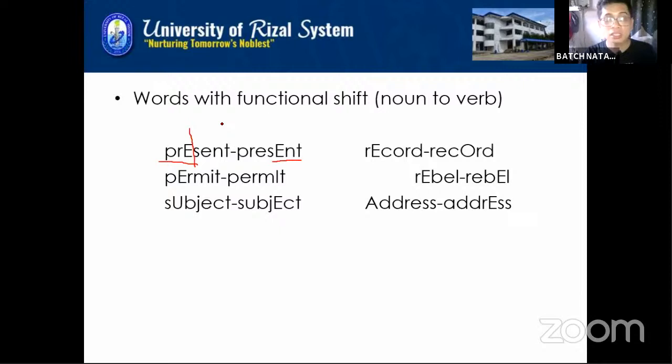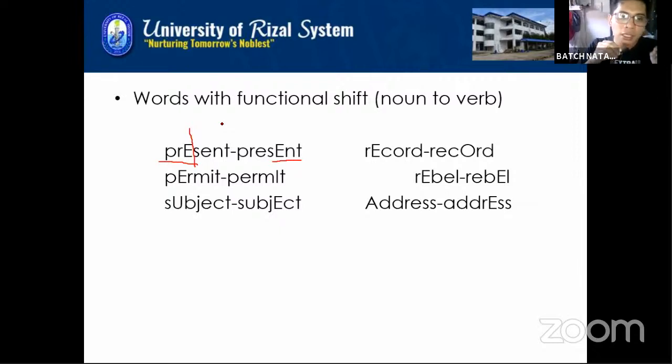Then next is subject, subject. The teacher of the English subject subjects the students to submit a very long essay.